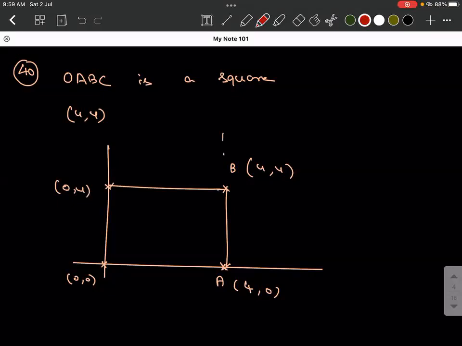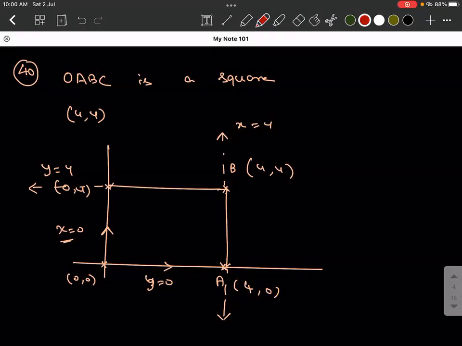So what does it represent? It represents x is equal to 4, and this represents y is equal to 4. So one of the sides is x is equal to 4, the other side is y is equal to 4, and this side is y is equal to 0, and this side is x is equal to 0. So x is equal to 0, x is equal to 4, y is equal to 0 and y is equal to 4.